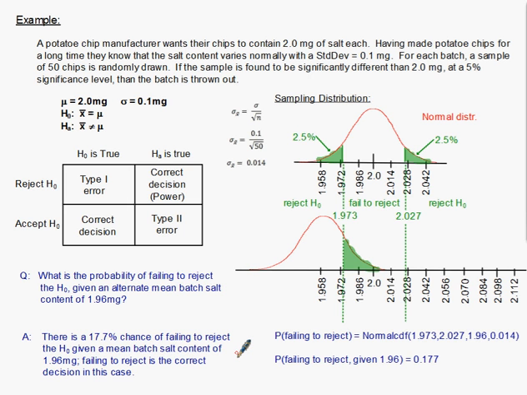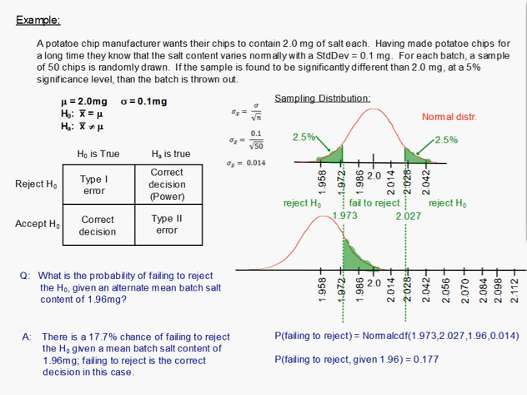So there's a 17.7%, almost 18% chance of failing to reject the null hypothesis given a mean batch salt content of 1.96. Failing to reject is in fact the correct decision in this case. So when we have a batch content of 1.96, we only have about an 18% chance of getting it right, which is kind of too bad.